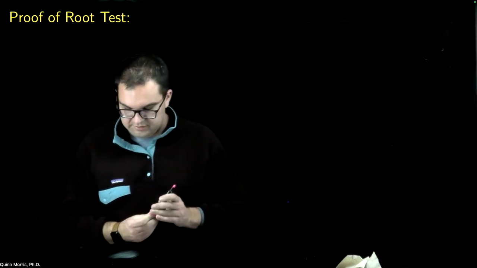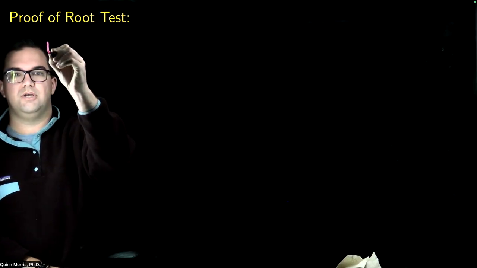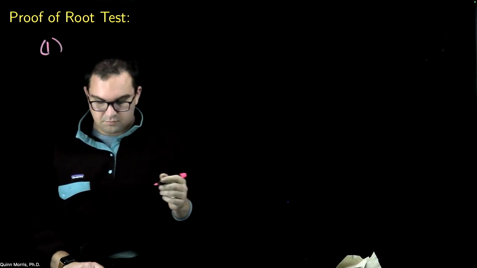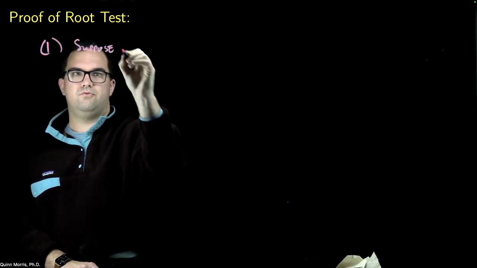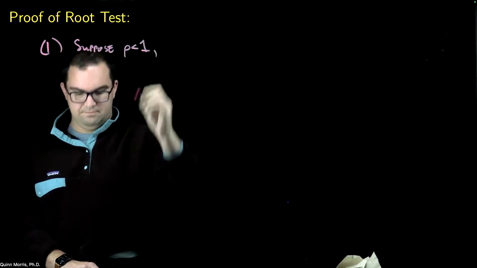And the proof of the root test is actually fairly short. And you'll see some similarities to the ratio test. Okay. So in the first case, we're going to suppose rho is less than 1.